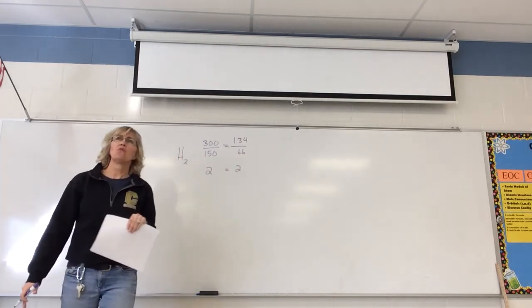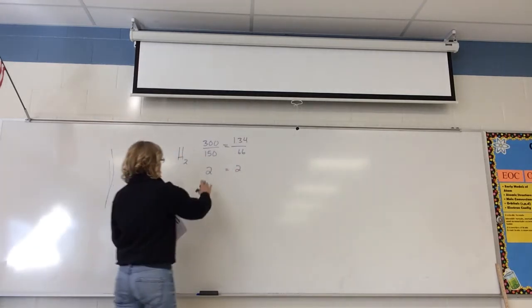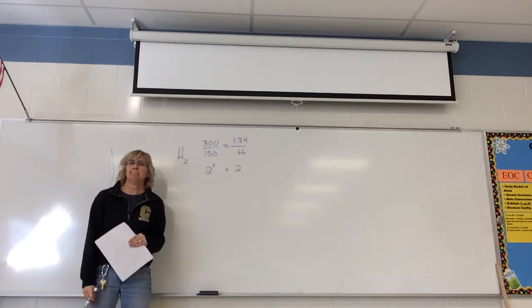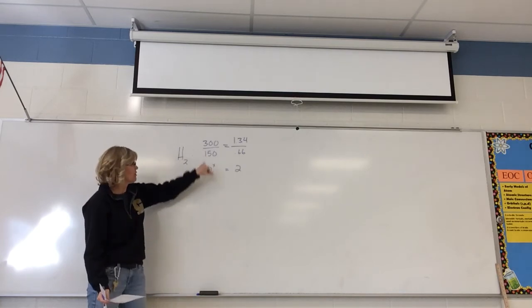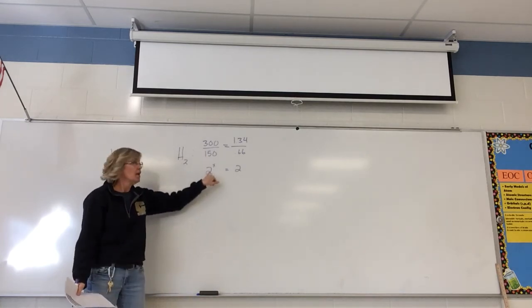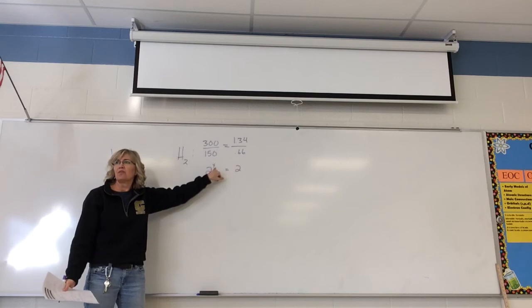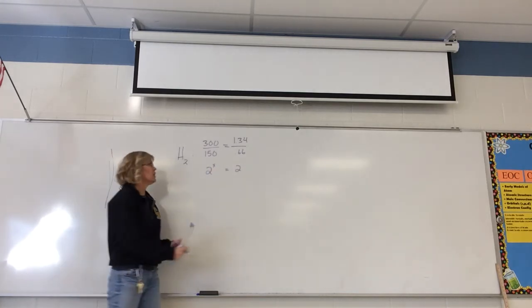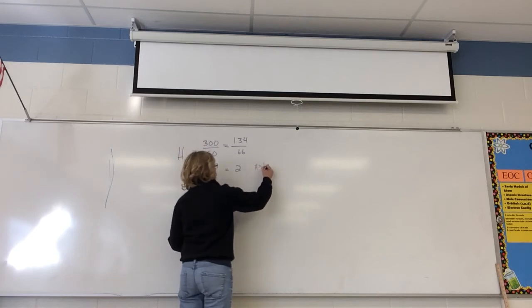So what's the rate order? Well, you say 2 to what gets me 2? So you're going to get this number, and this is where you're going to get the order. You're going to say 2 to what factor gives me 2? Well, 1. X equals 1.